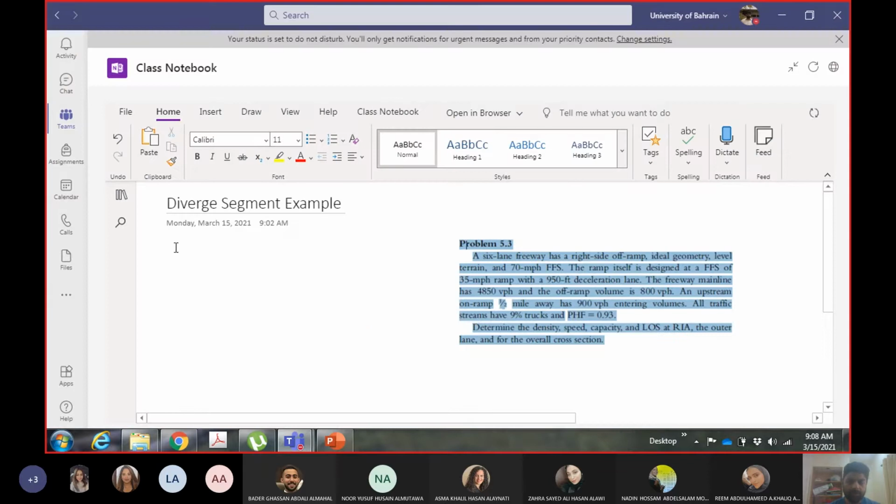So if I write FHV here, it is 1 divided by 1 plus 0.09 into 2 minus 1. How much is this? 0.92.